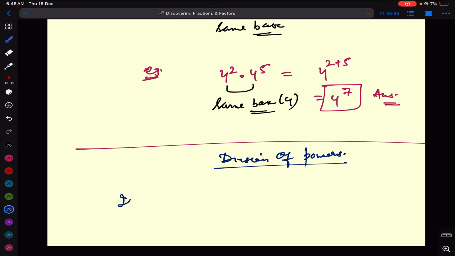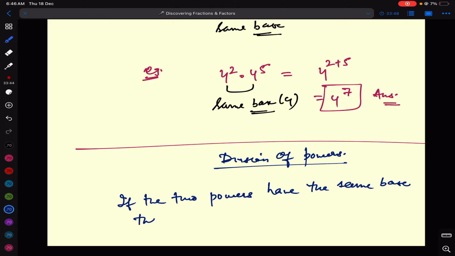So if the two powers have the same base, then we can divide the powers. And when we divide the powers, we subtract their exponents.